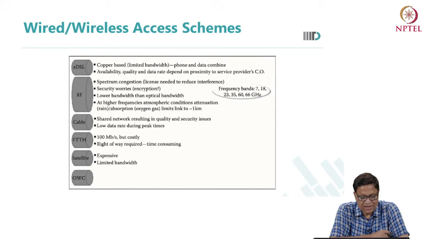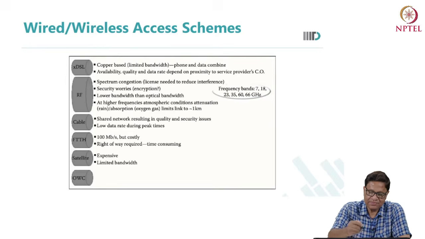So considering the issues with all these existing technologies, let us see how optical wireless communication can meet some of the requirements of 5G or beyond 5G and IoT systems.